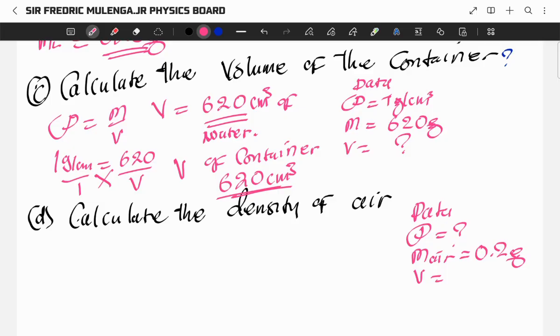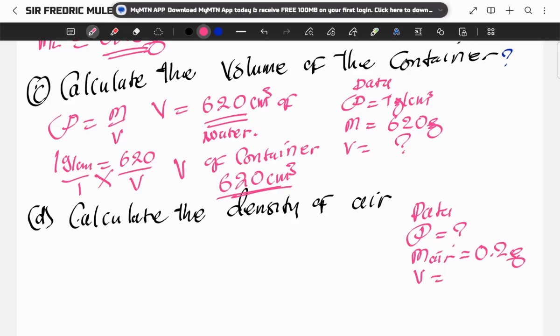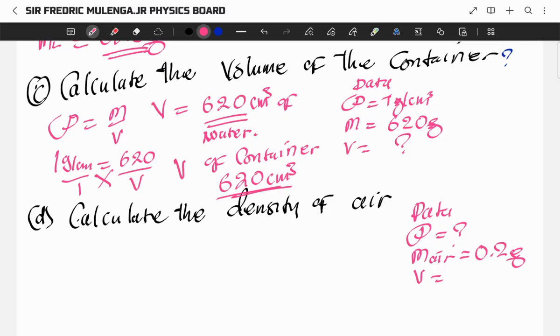So the same capacity or amount of space that was occupied by the water is the same space occupied by the air particles. So the volume of air is also 620 centimeter cubic.